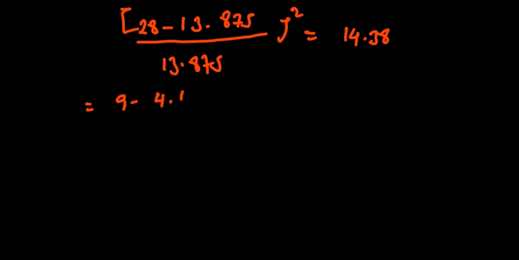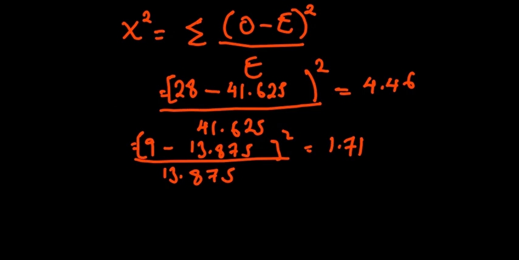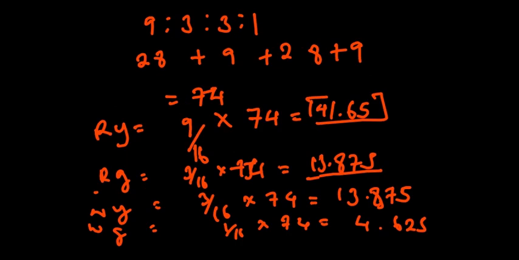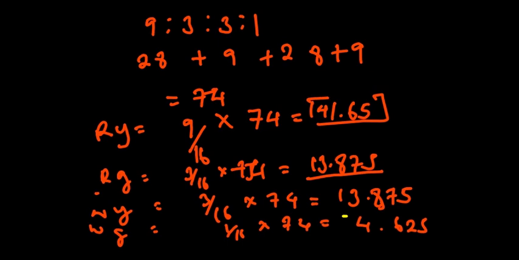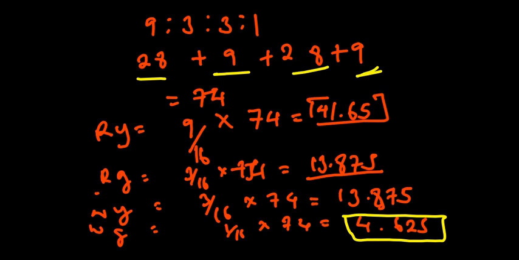Remember, I keep on using the same figures we used in the first place. So these are our expected, okay? Our observed are these. These are the ratios. This is our observed 9 minus the expected over the expected. This is what we find.